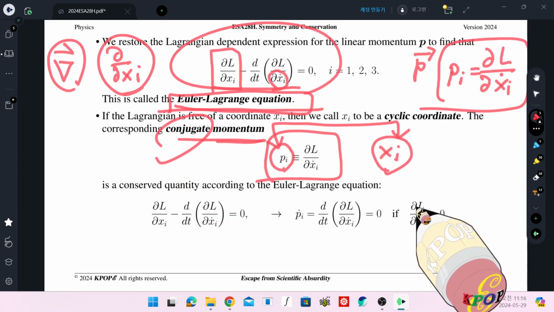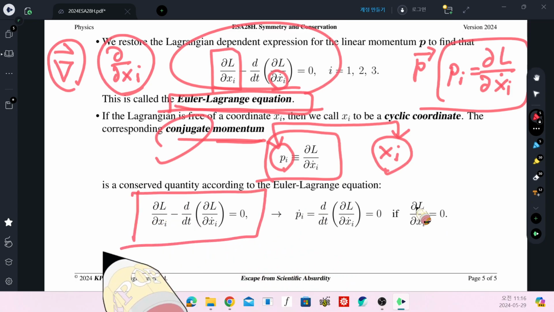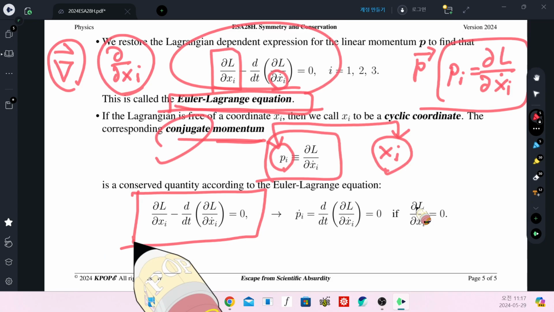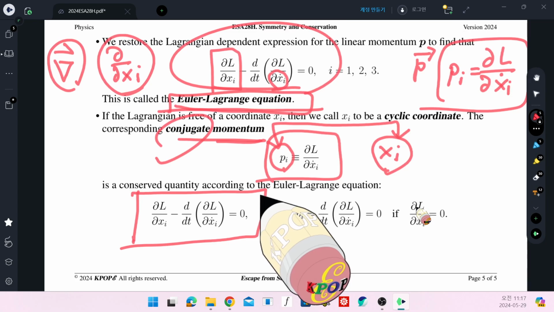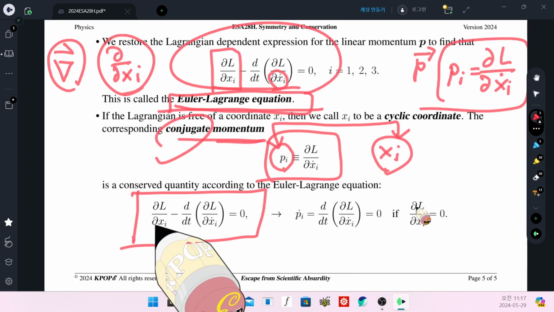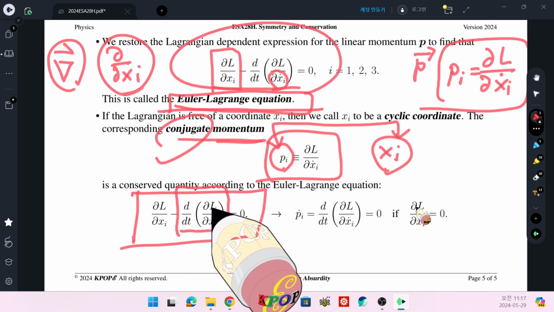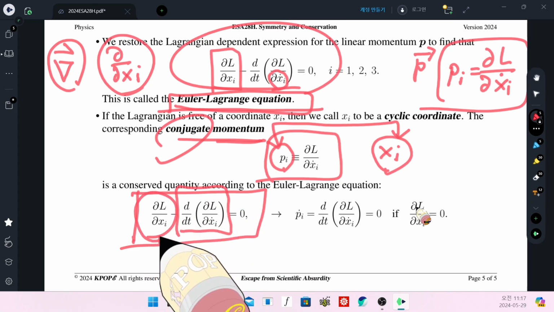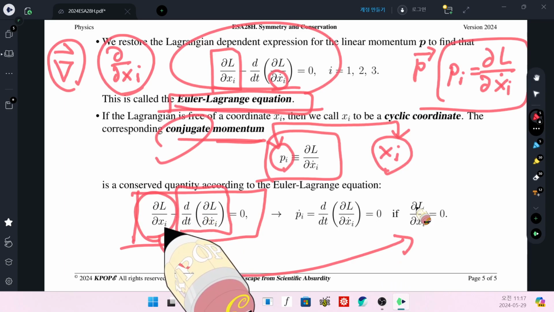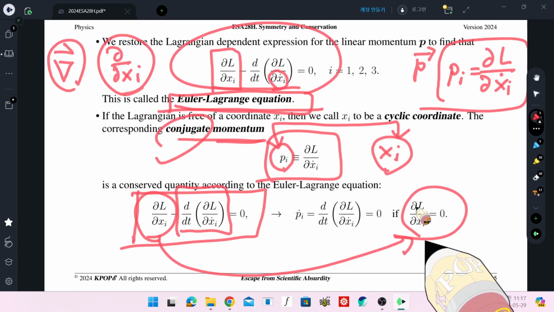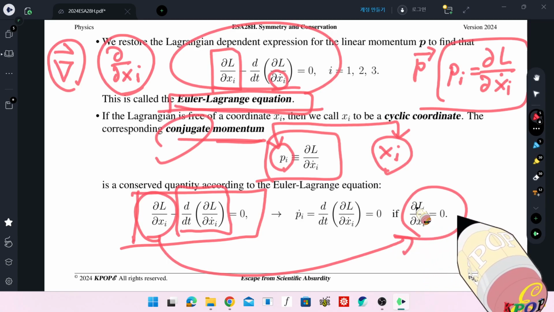An important point of this Euler-Lagrange equation is, first of all, it reproduces Newton's second law. It is identical to Newton's second law. In addition, this is nothing but the time derivative of linear momentum, that is a force. But we find that if the Lagrangian is free of any coordinate, then the partial derivative with respect to that single coordinate is zero.